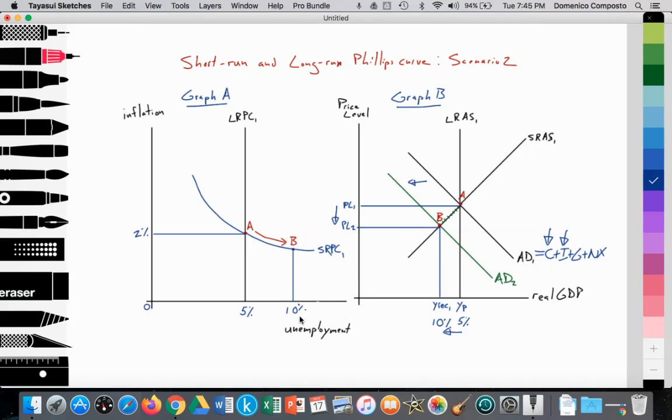And because there's decreased aggregate demand and decreased spending into the economy, the price level is falling. Thus, we would see inflation also falling from perhaps 2% to 1% inflation.